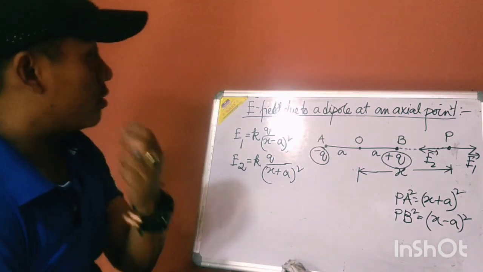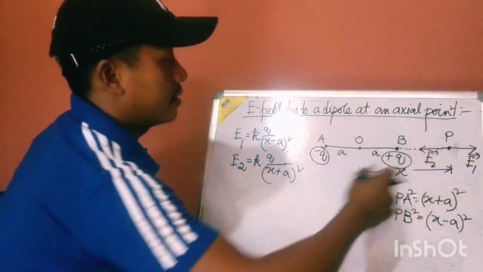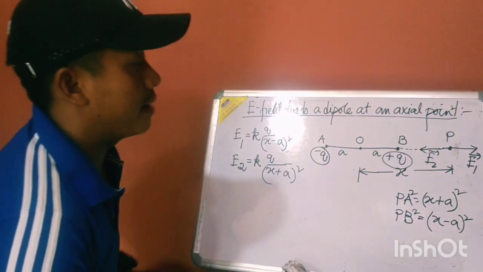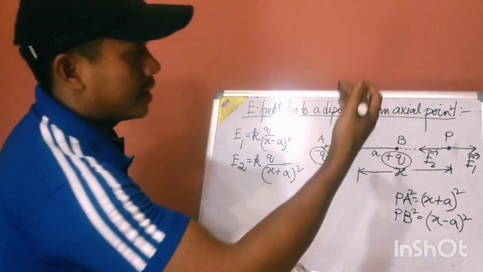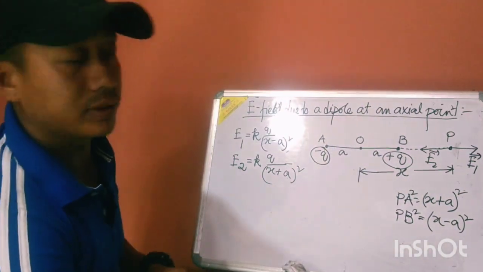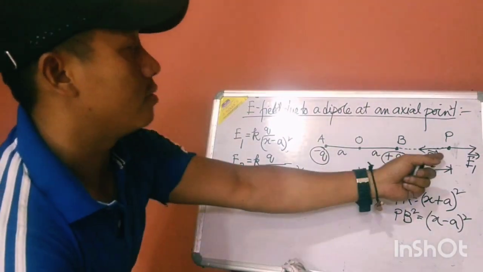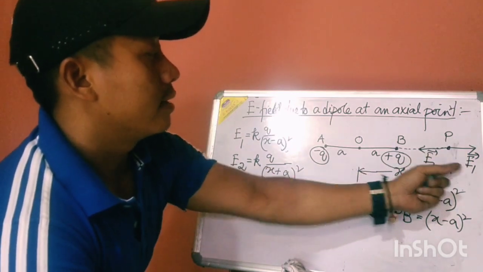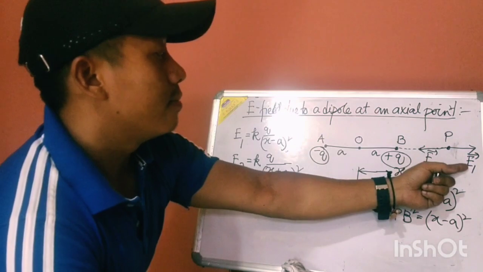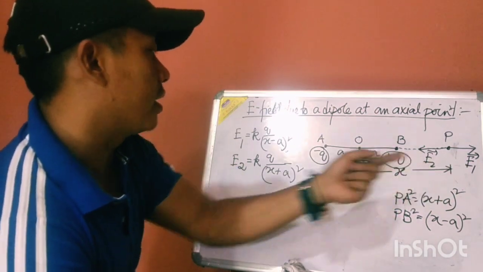Then in order to find the resultant electric field, since one is towards the right side and the other towards the left side, there should be subtraction of the vectors. To find the resultant of E1 and E2 vectors, you should subtract E1 minus E2.